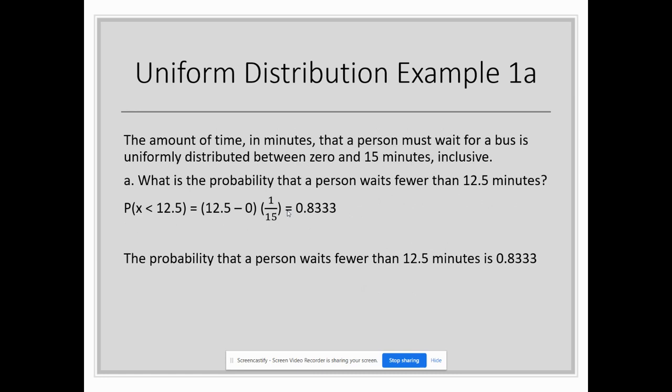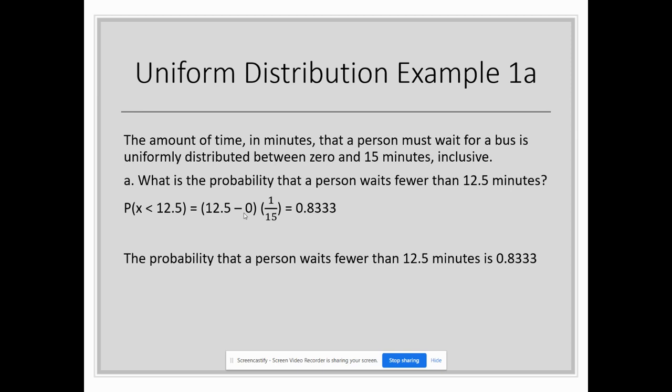The amount of time in minutes that the person must wait for the bus is uniformly distributed between 0 and 15. What's the probability a person must wait fewer than 12.5 minutes? So I wrote it that P, the probability X is less than 12.5 equals 12.5 minus 0, because they could wait potentially 0 minutes.